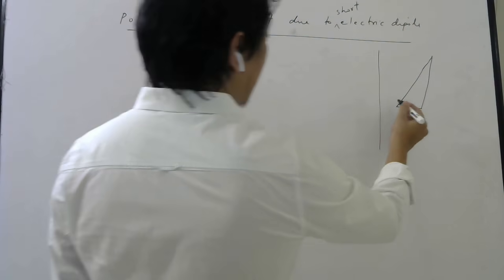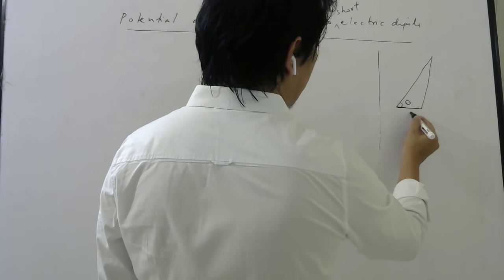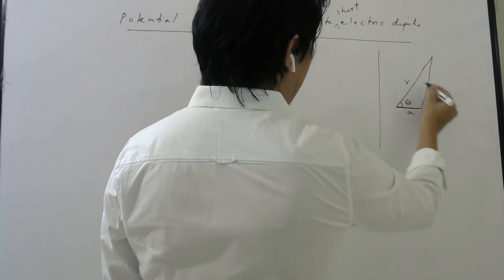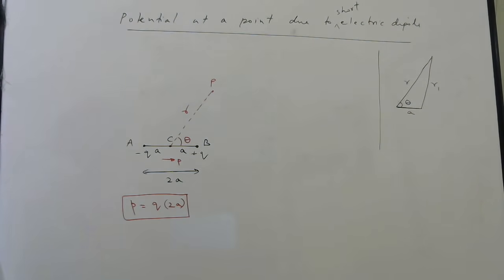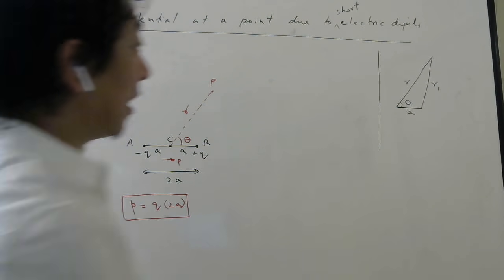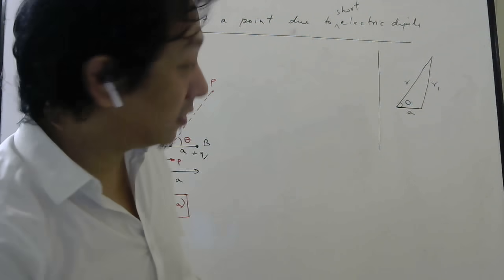And this angle is theta. This distance is, suppose, A, this is R, this is R1. Then how are these three related? This is called the cosine rule.